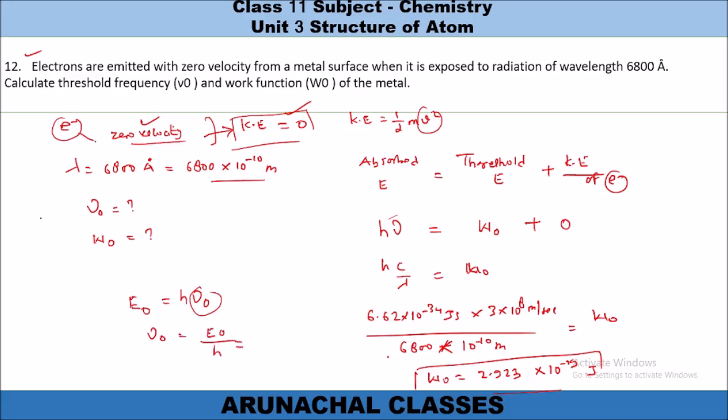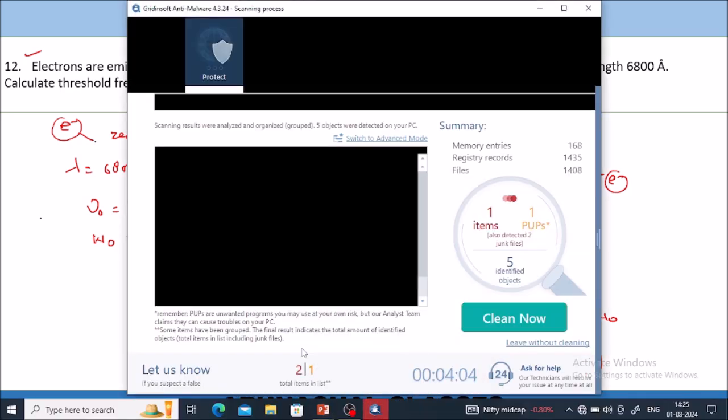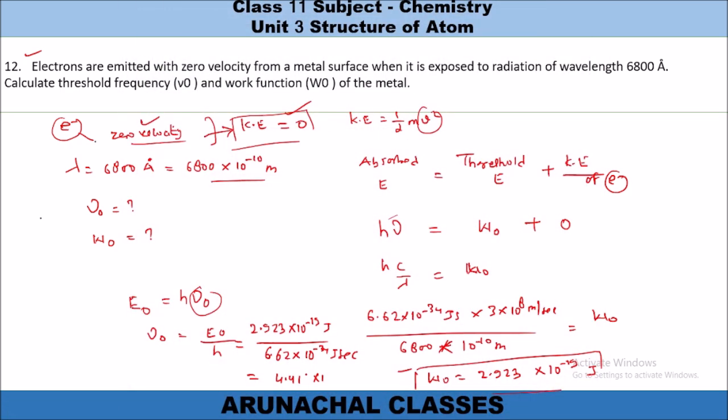The E₀ value is the same as W₀, that is 2.923 × 10^-19 joule, divided by h, the Planck constant, 6.62 × 10^-34 joule second. When I solve this, it will be 4.41 × 10^14 hertz. So this is the threshold frequency for this metal.